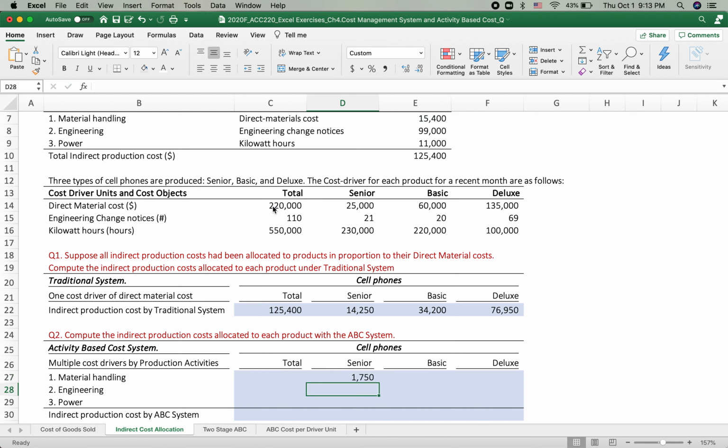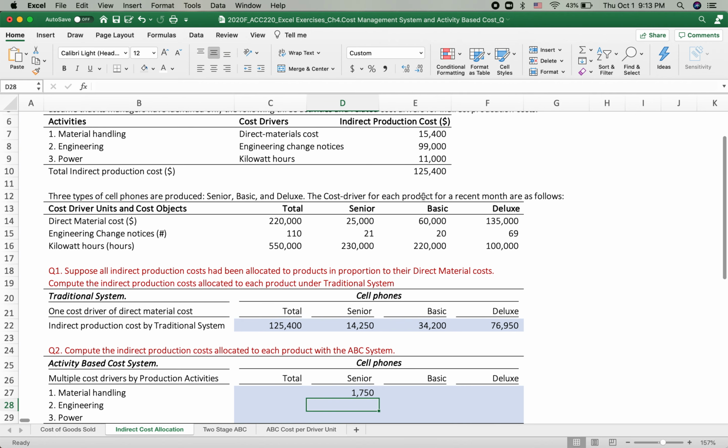So we got the senior indirect cost out of 15,400, 1,750 based on the material handling activities, right?